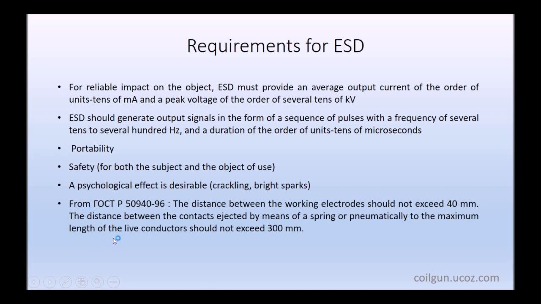And the last point is a quote from the Russian standard, which says the maximum distance between working electrodes is 40 millimeters, and the distance between contacts which are ejected by means of a spring or pneumatically, that is tasers, is another limit, 300 millimeters.